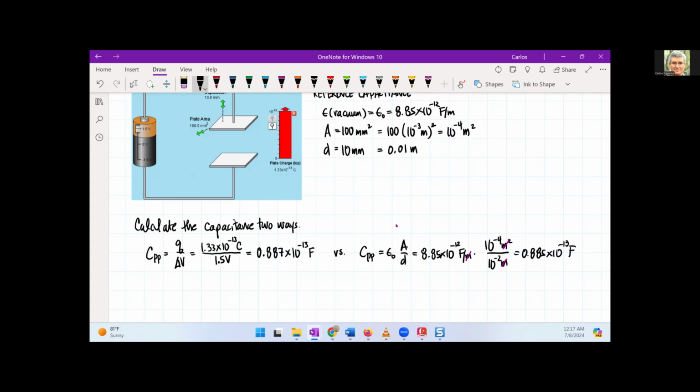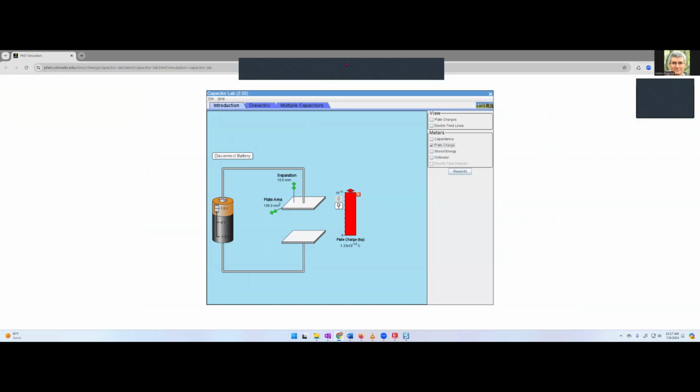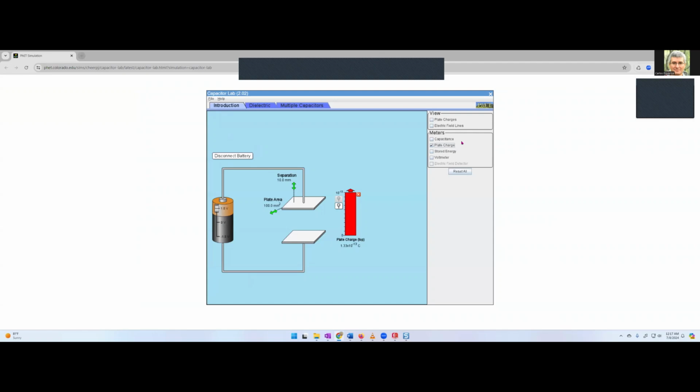So the question is, what does the applet say? Let's share the screen again. All I have to do is tell it to show me the capacitance value. If I click the capacitance, you could see that they're telling me, to 2 sig figs, that I have this value right here.